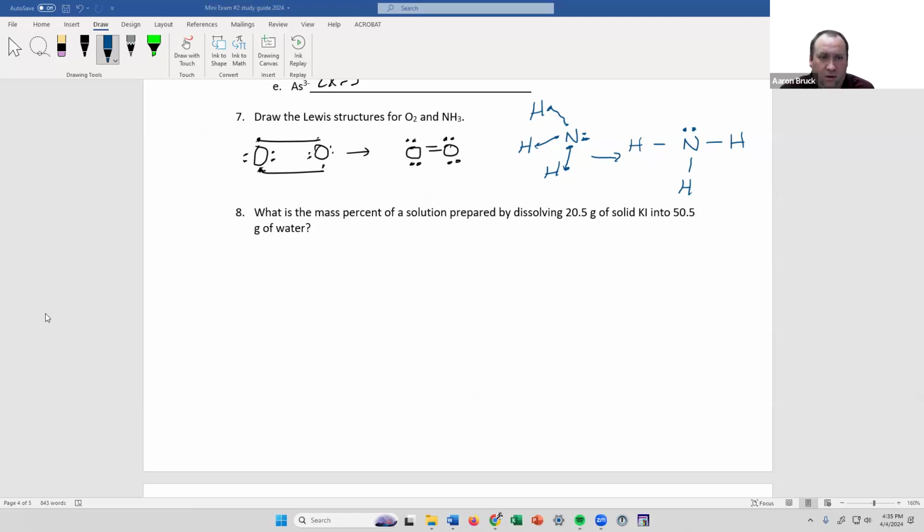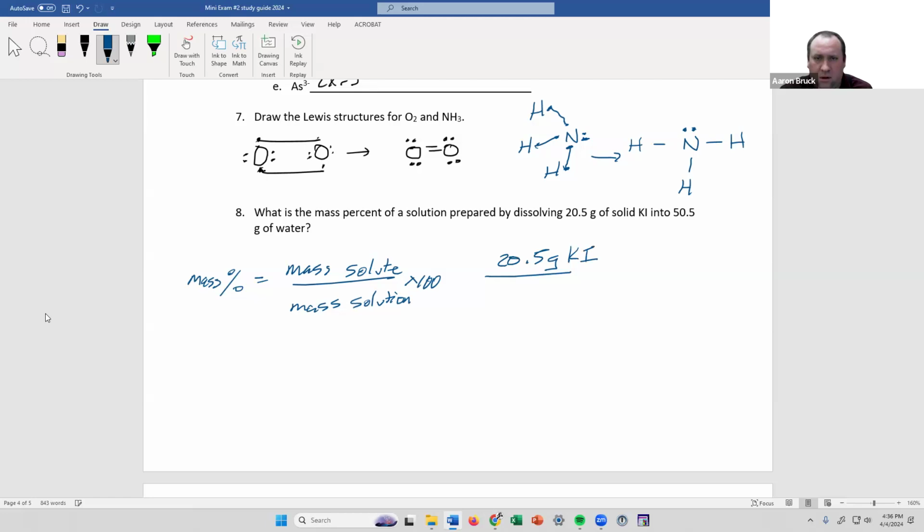So since it's mass percent, we just got to remember what the formula is. Mass percent would be mass of solute over mass of solution times 100. The solute is the KI, so 20.5 grams. The solution is the KI and the water.